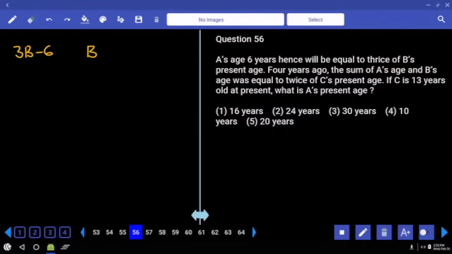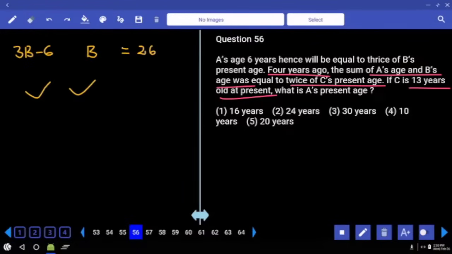Right. Next. 4 years back, the sum of A and B's ages equals twice of C's age. C's age is 13. What is 2 times of it? So, the sum of A and B's ages was equal to 26. When is that? 4 years back. But these are ages, right? From 4 years back to present, for each member we have to add 4 years.